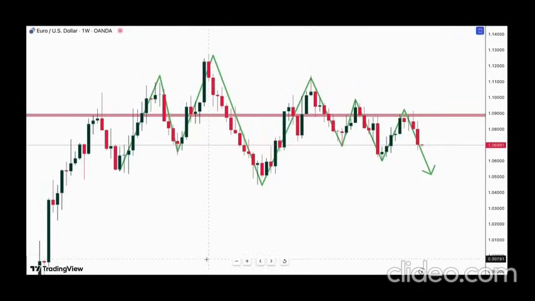So as you can see here, guys, the market managed to break this last high low, because the market was in uptrend before changing to downtrend.